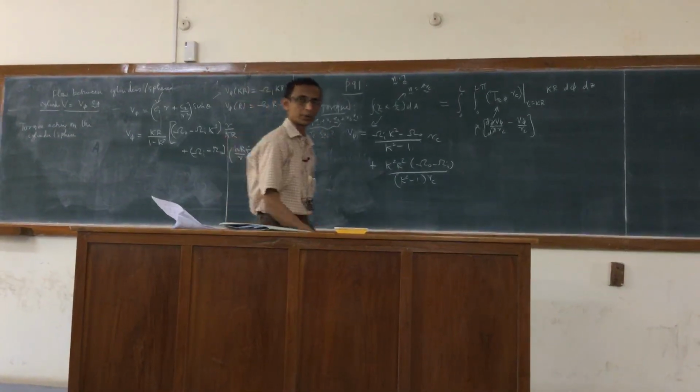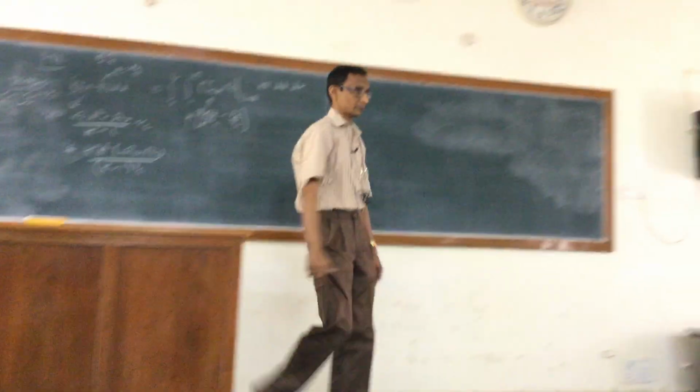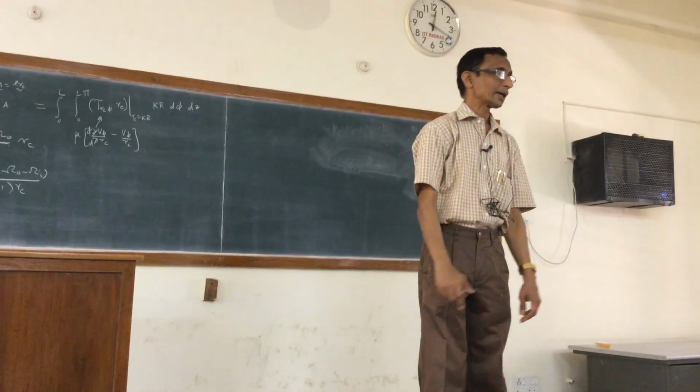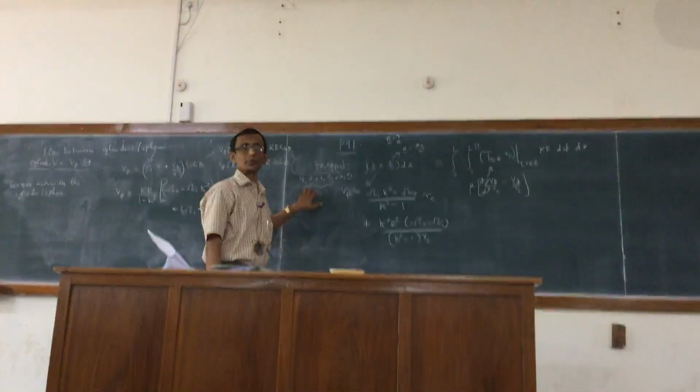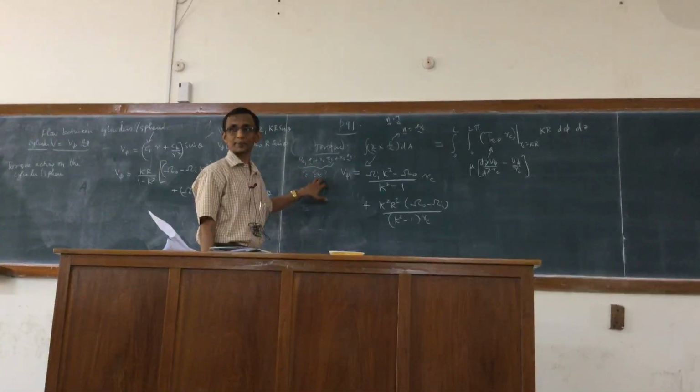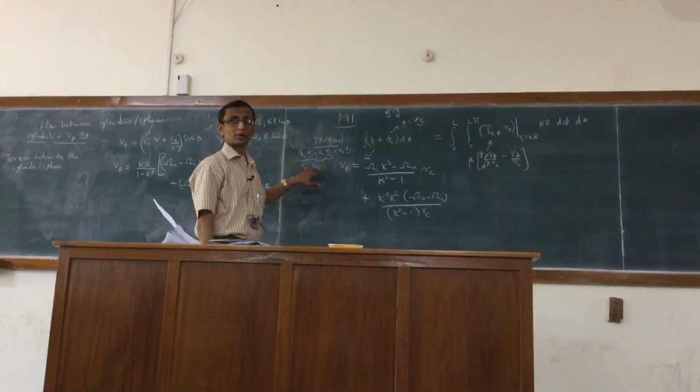So there will be no dependence on phi. That is the point. This is a point on the xy plane, on the x1, x2 plane. That point can simply be expressed as RC times ERC. Right? So you have to figure that out.